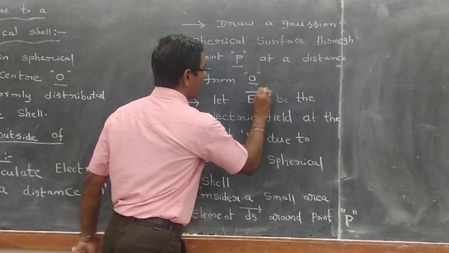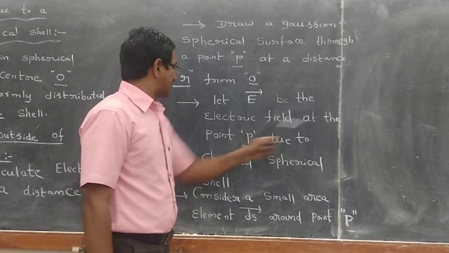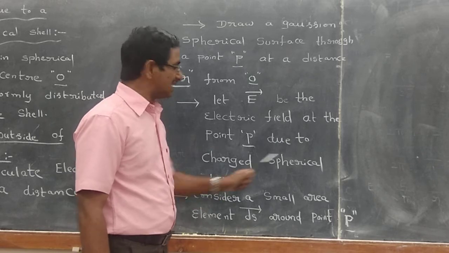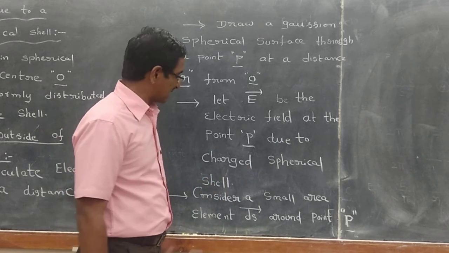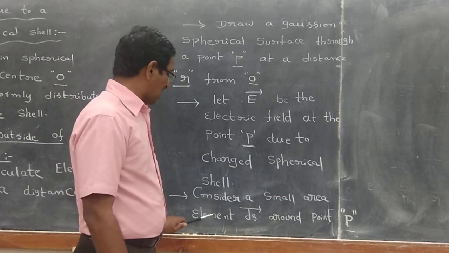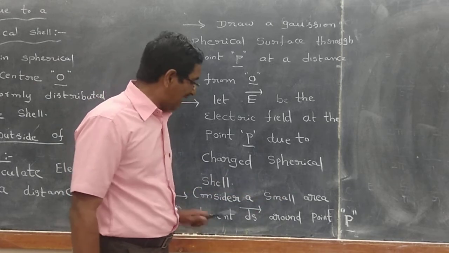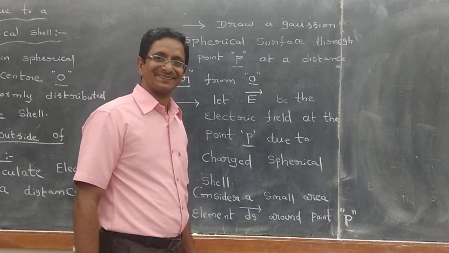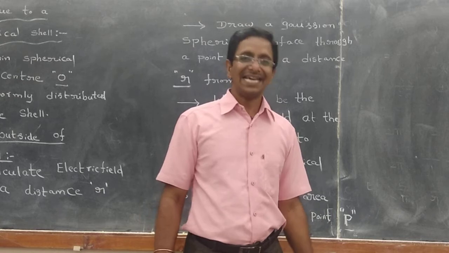Let E be the electric field at the spherical shell. Point number 4. Consider a small area element, ds, around the point P.